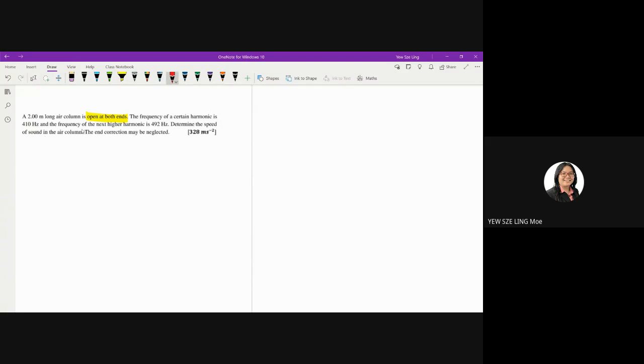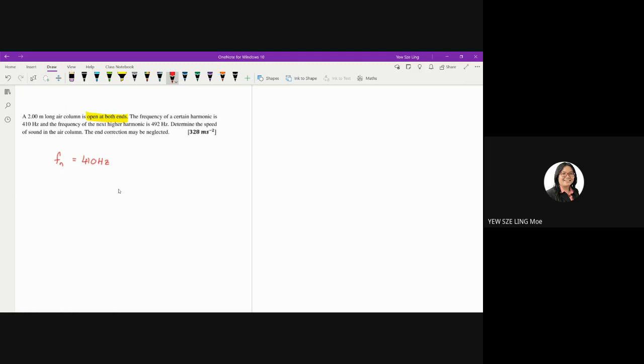So what I am going to do right now is look at the frequencies. The frequency of a certain harmonic is 410 hertz. So let's say Fn, because I don't know which harmonic it belongs to, I just know it's a certain frequency. So Fn equals 410 hertz.